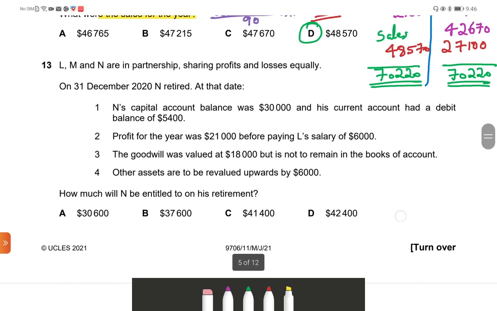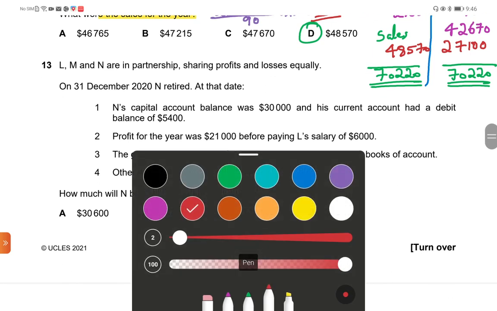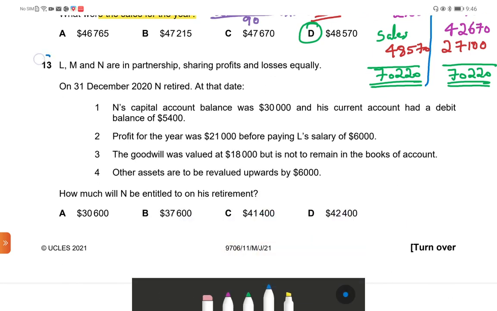Next, question number 13. L, M and N are in partnership, sharing profits and losses equally. The ratio is 1:1:1, divided by 3.